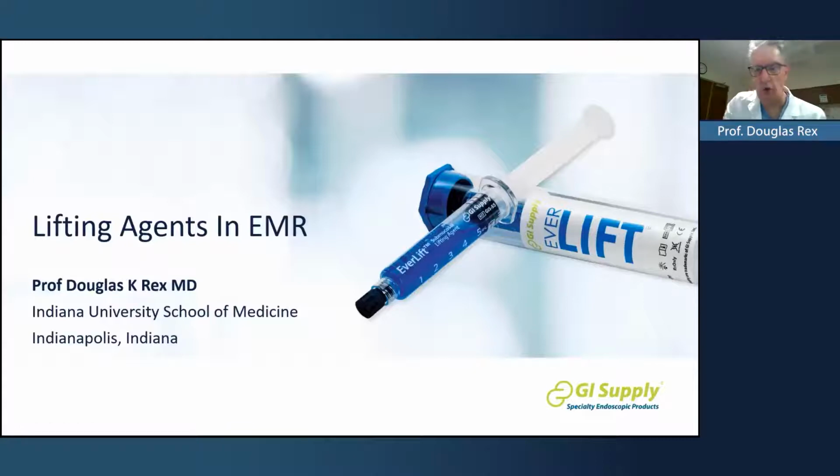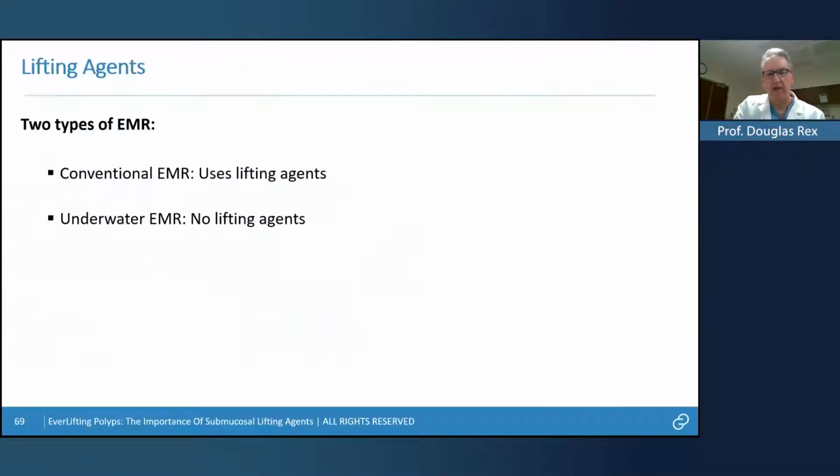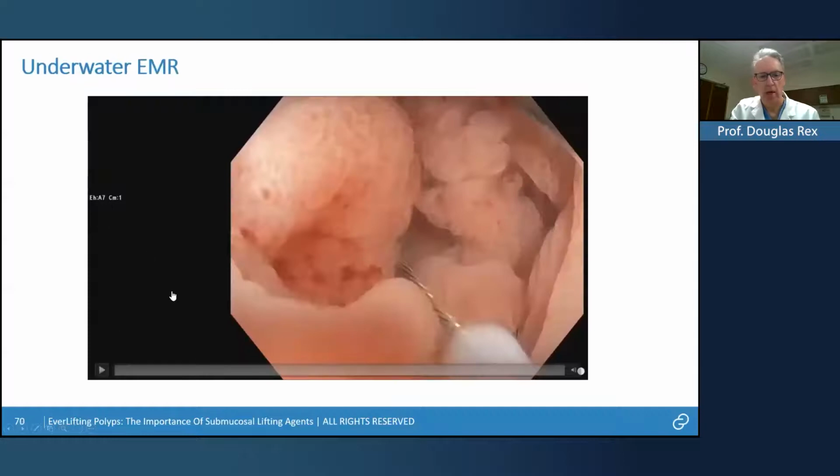The time is short, so I am going to modify things a little bit to focus on just a few key points. And I want to show you a few videos using EverLift, this injection agent that we have available in the US. So we inject, of course, in conventional EMR. Underwater EMR is another option in which we don't need to inject at all.